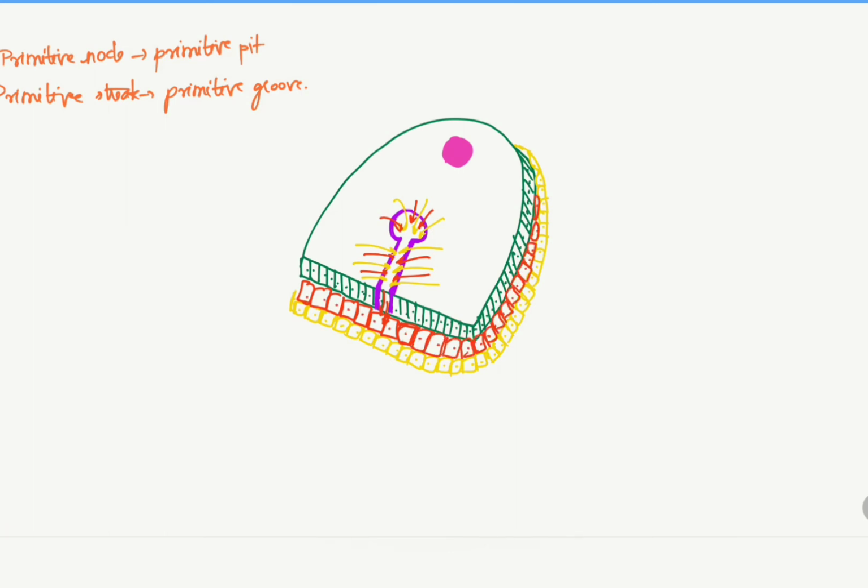So now let us name the cell layers. This layer is called endoderm, and this layer is called mesoderm. After the formation of the mesoderm, whatever epiblastic cells were left over the layer of the mesoderm, that layer of cells is called ectoderm.